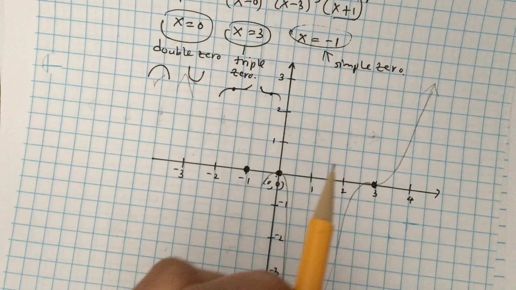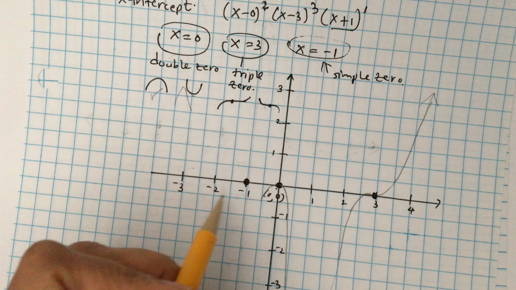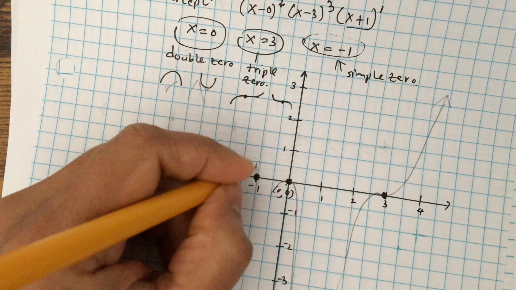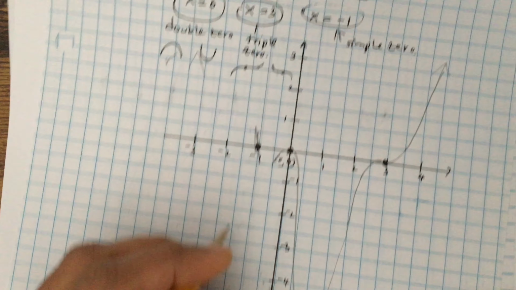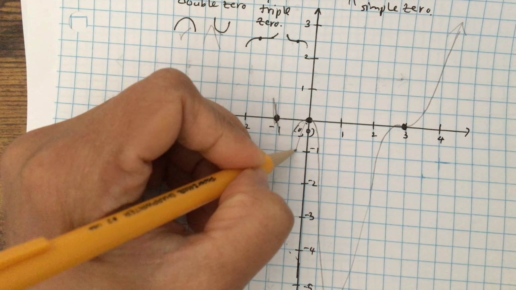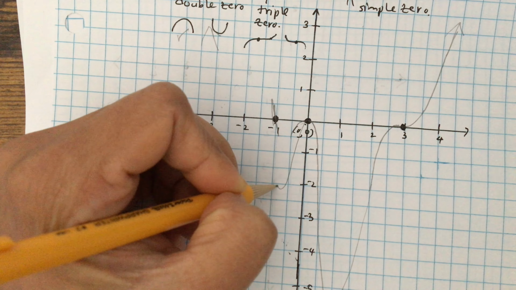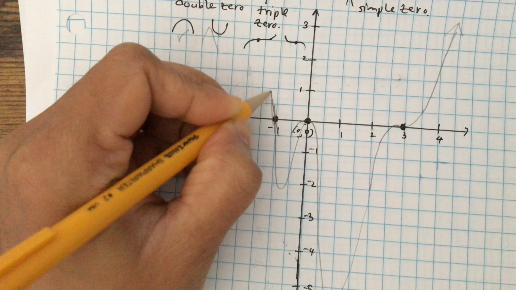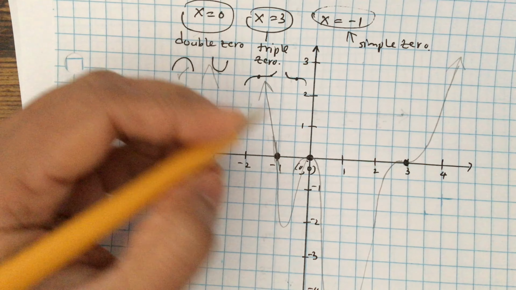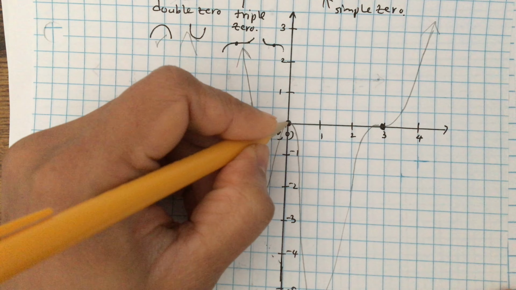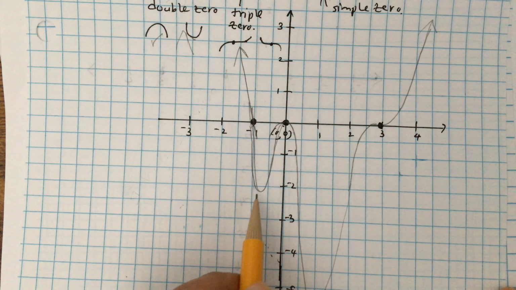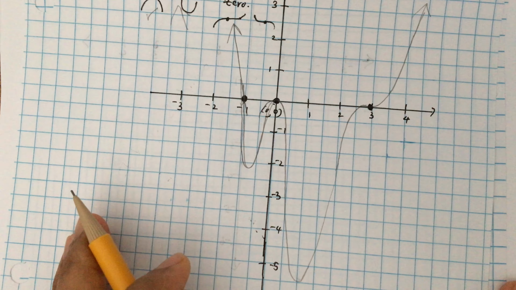So this one, and then at x equals -1, it's a simple 0. It should go like this. So my graph is over here, and it comes down, and it should turn like this and go like this, because the end behavior is like this. But I don't know where the turning points are, so this is a sketch of this graph.